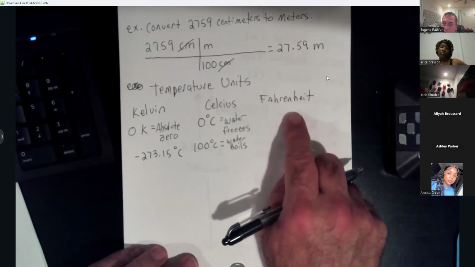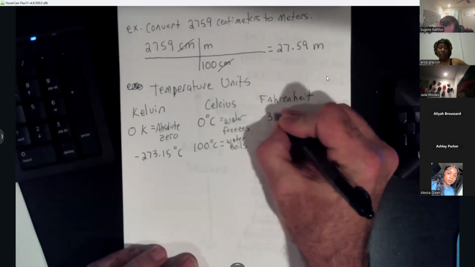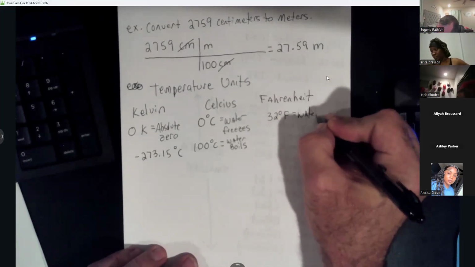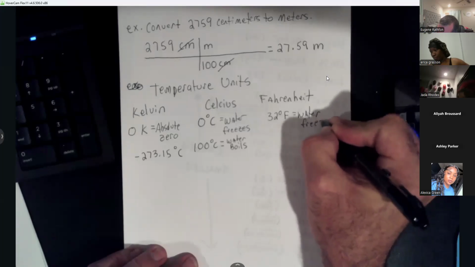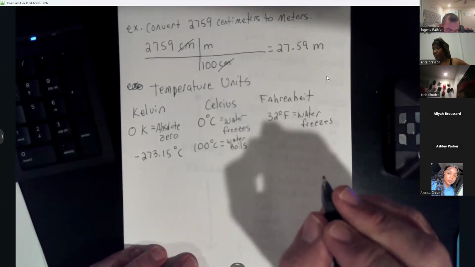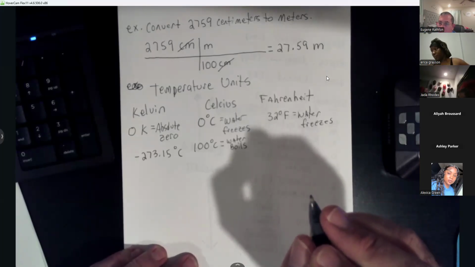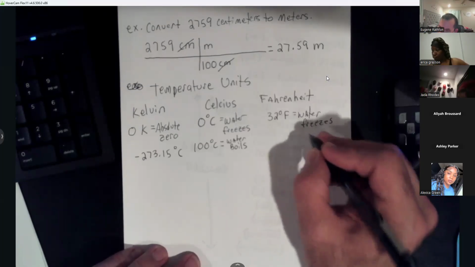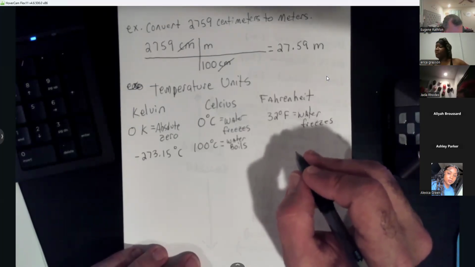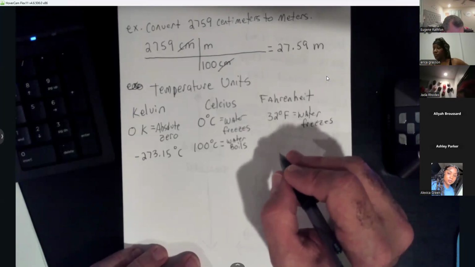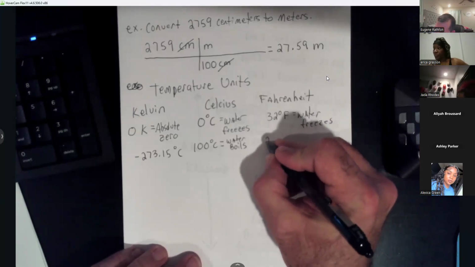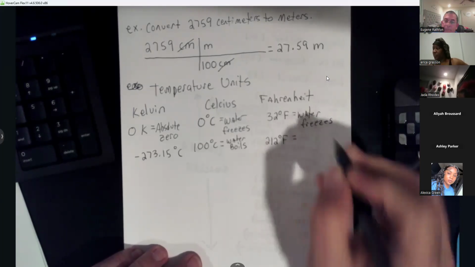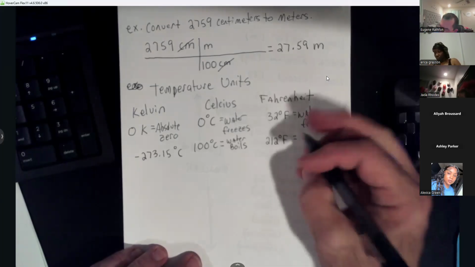Fahrenheit, water freezes at 32 degrees. So y'all, when does water boil in Fahrenheit? And that's a pretty high number too. That's what, 212 degrees Fahrenheit is where water boils.